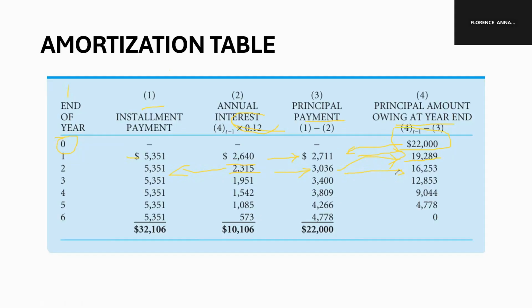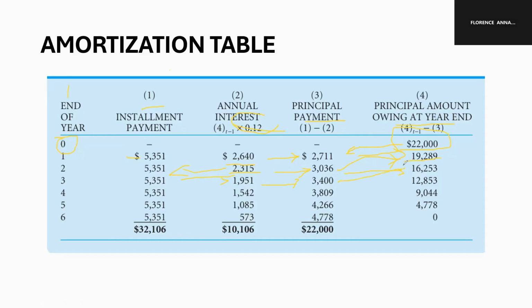Now, 16,253 times 12%, how much is that? You'll get 1,950.36 or 1,951, and deduct that from your installment payment na 5,351, you'll arrive at 3,400 na principal repayment.